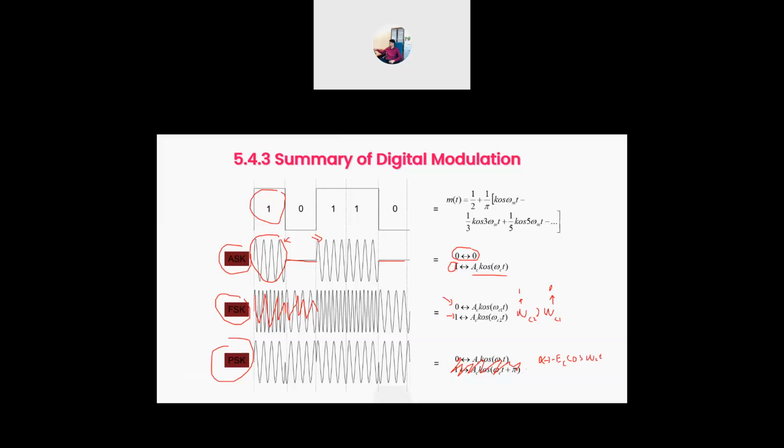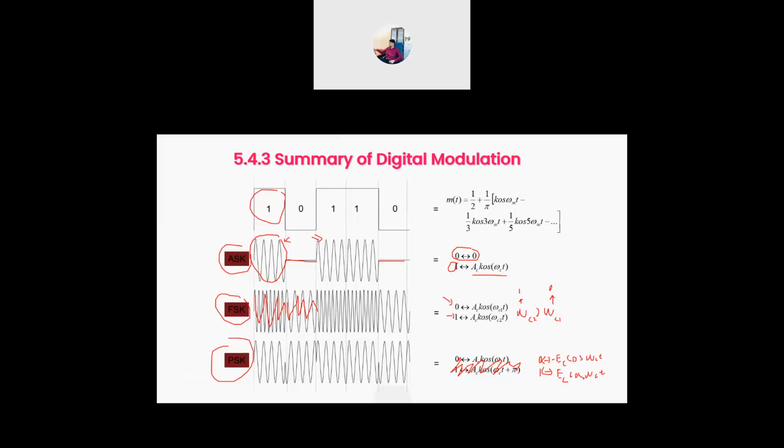The next, if we have 1, 1 will be EC cos omega CT, so positive.